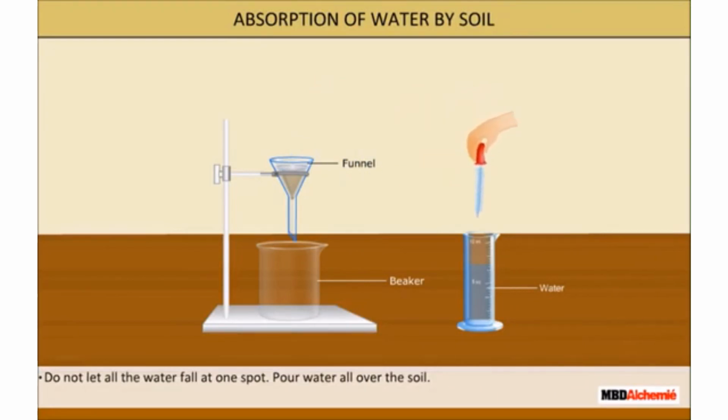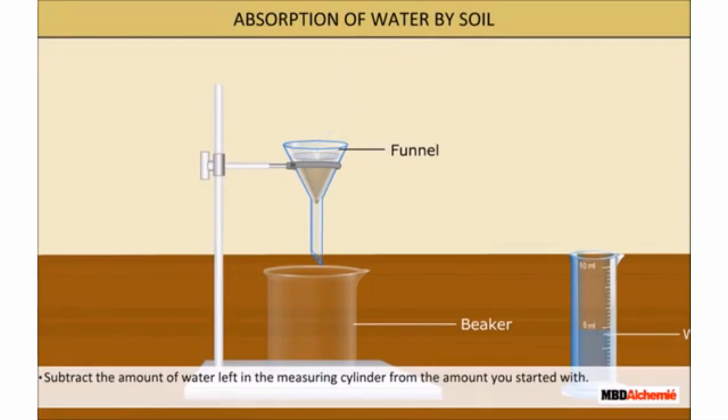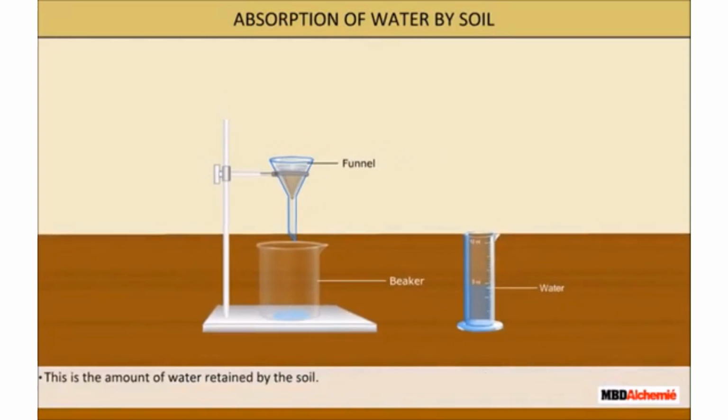Do not let all the water fall at one spot. Pour water all over the soil. Keep pouring the water till it starts dripping. Subtract the amount of water left in the measuring cylinder from the amount you started with. This is the amount of water retained by the soil.